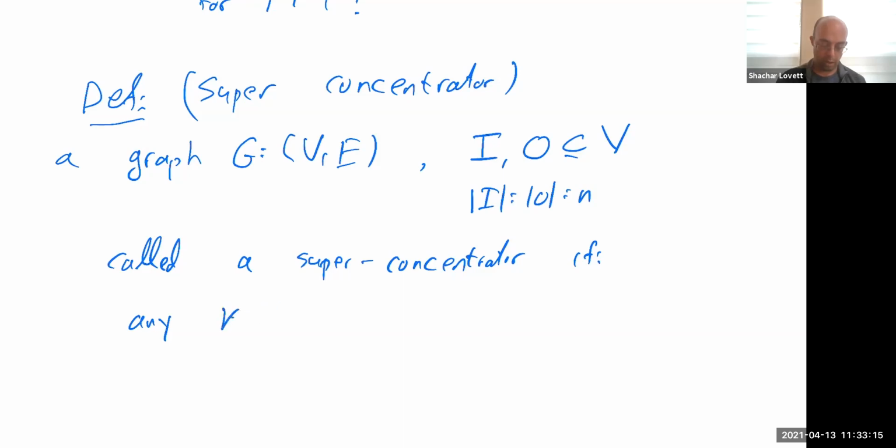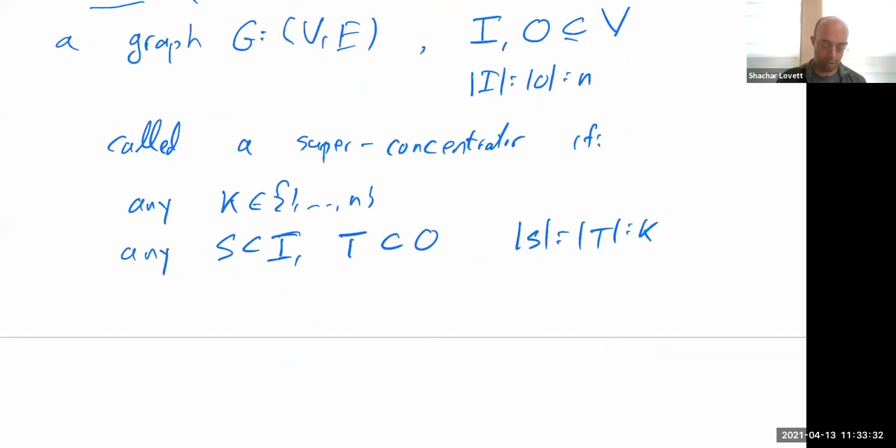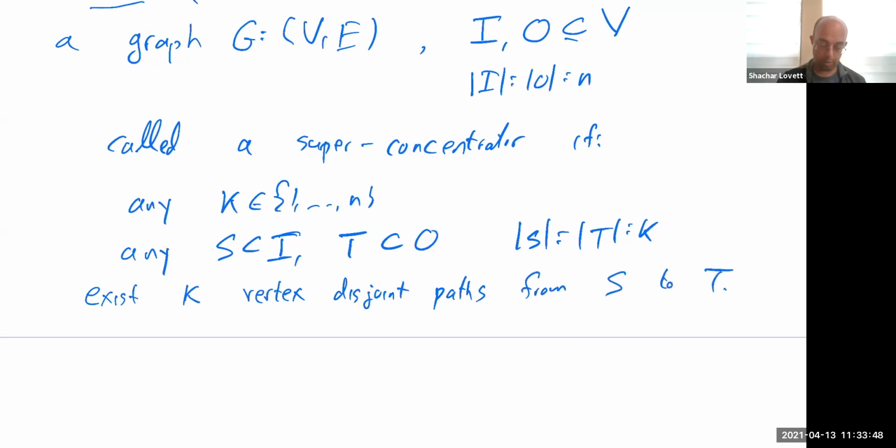For any k between 1 and n, and any sets S in I and T in O that have the same size k, there exist k vertex disjoint paths from S to T.